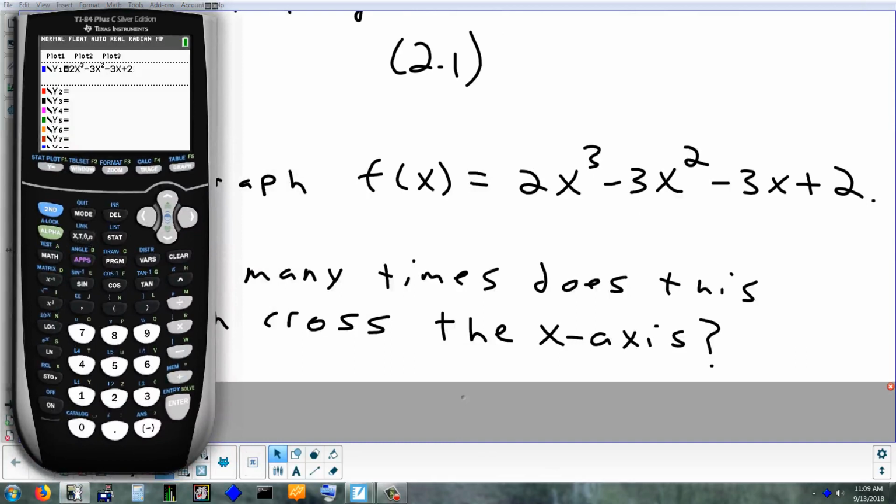I'm going to start with the standard window. If it goes off the screen up and down, not a huge deal, but I do want to make sure I can see all the places it crosses the x-axis. Actually, that's perfect. If they asked for a complete graph, that's perfect.